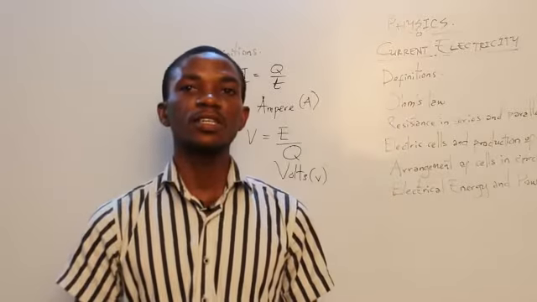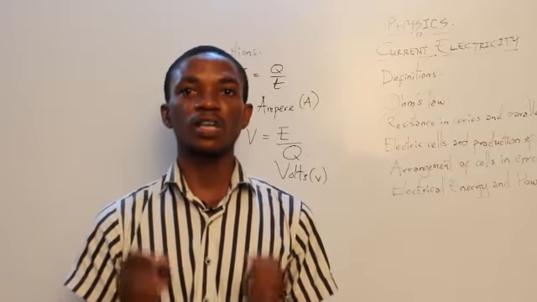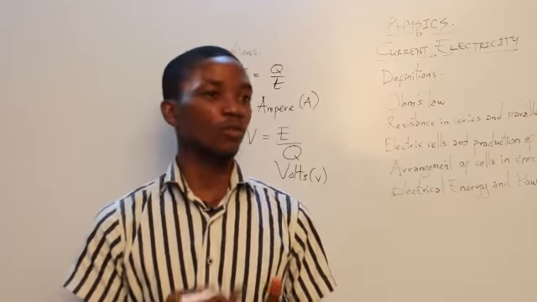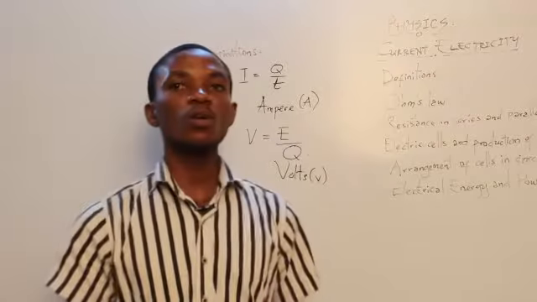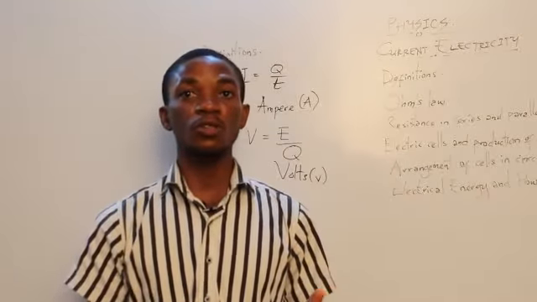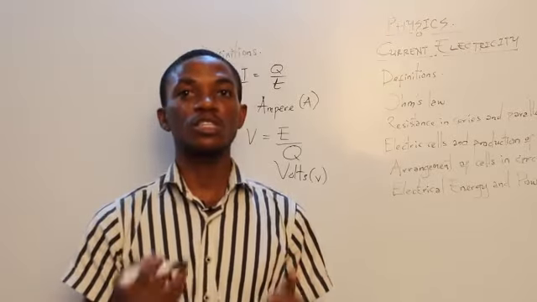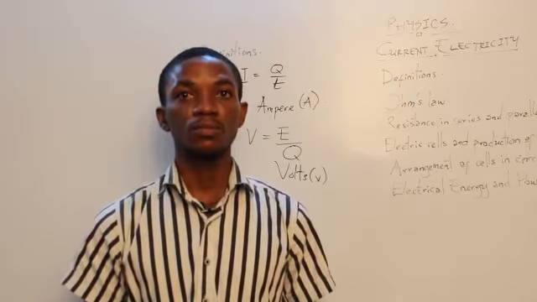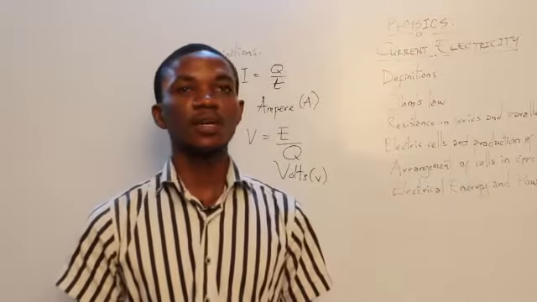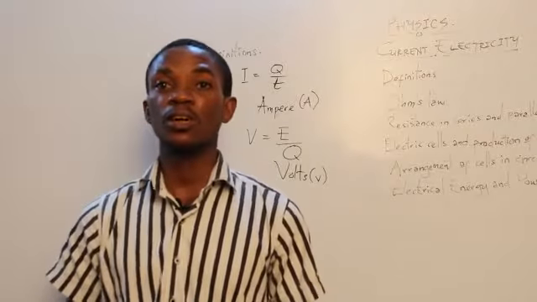Potential difference is the amount of work done or energy used up as charges flow. So 1 volt equals energy or work done, that's in joules, divided by coulombs, which is the charge. It is measured in volts, and it is measured using a voltmeter.